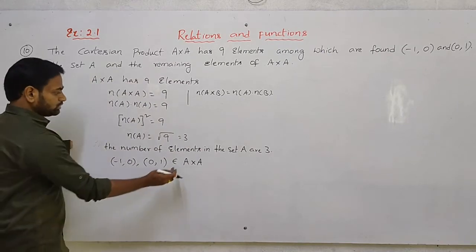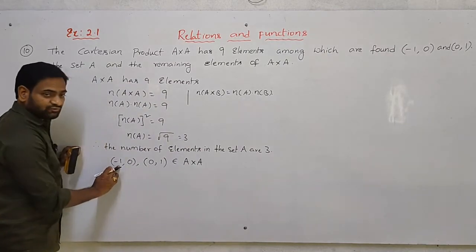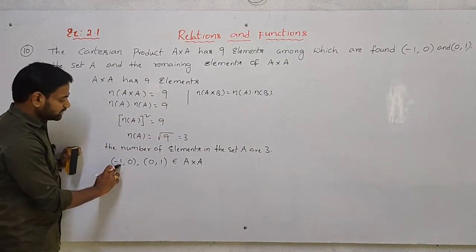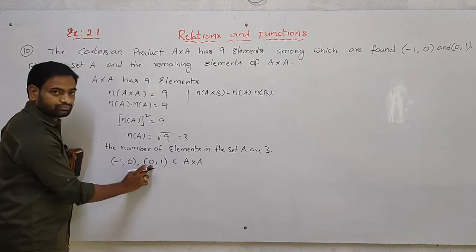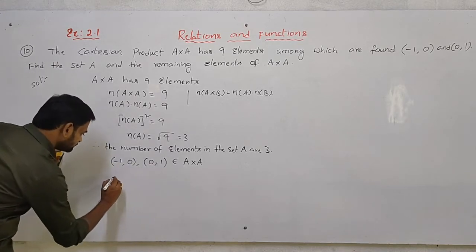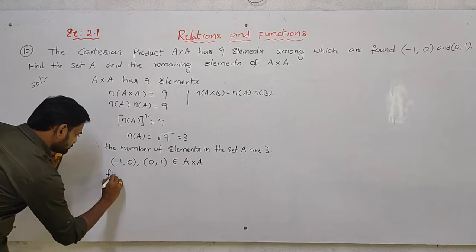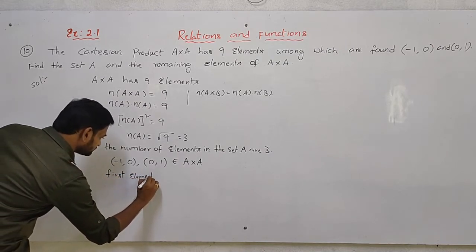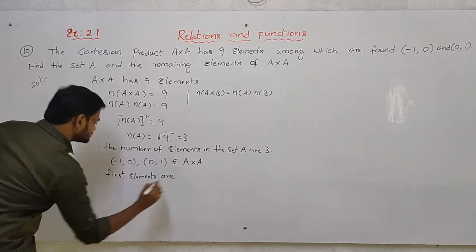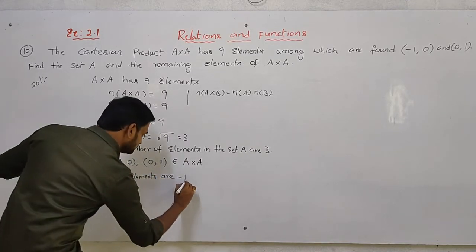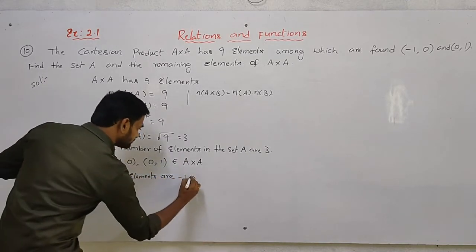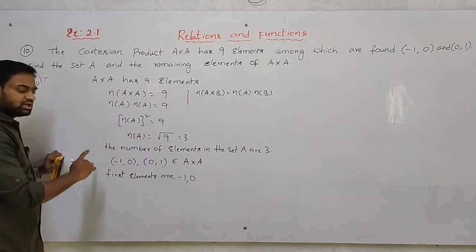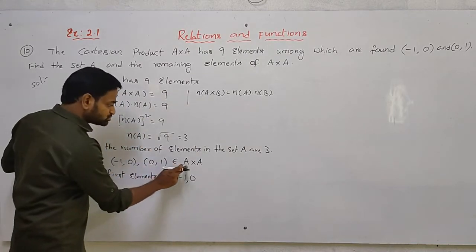So here, what are the first elements? -1, 0. These are the first elements. So these -1, 0 should belong to the first set only.